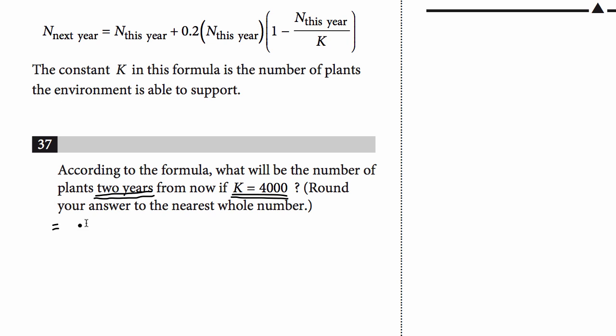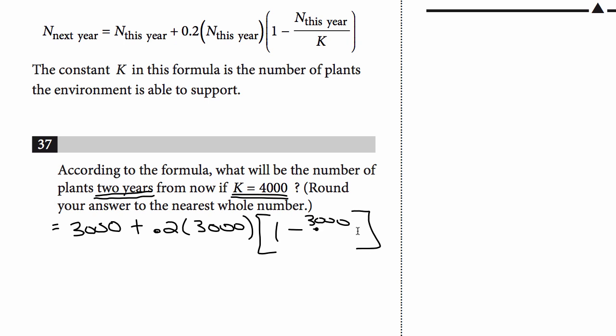So next year is going to be 3,000 plus 0.2 of 3,000, and that part is times 1 minus 3,000 over 4,000. So 3,000 over 4,000 is 3/4. And 0.2 times 3,000 is 600, right?